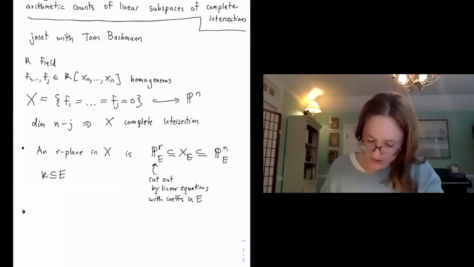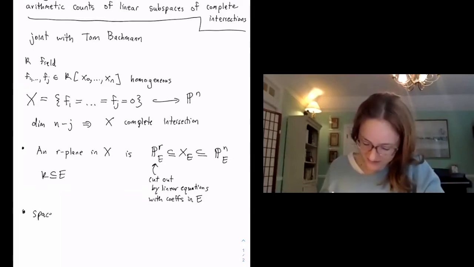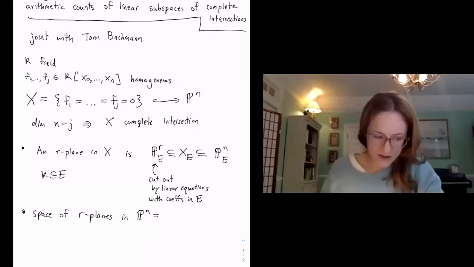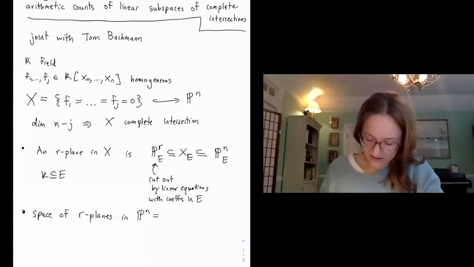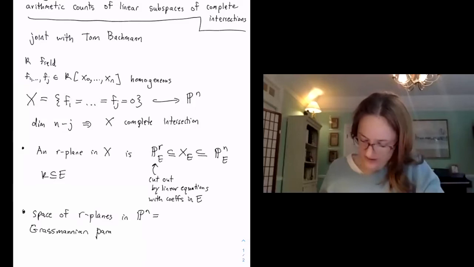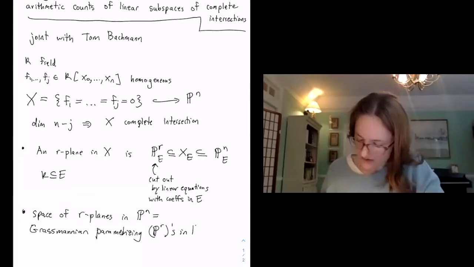So the space of all linear subspaces is a Grassmannian. This is the Grassmannian parameterizing P^r's in P^n.